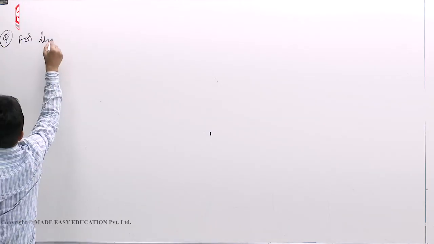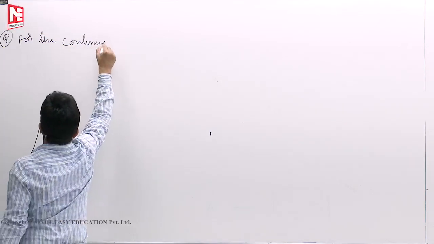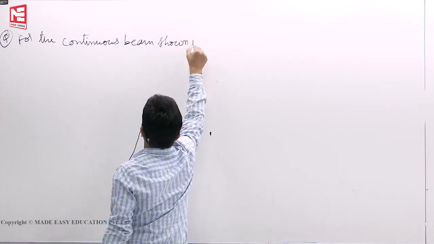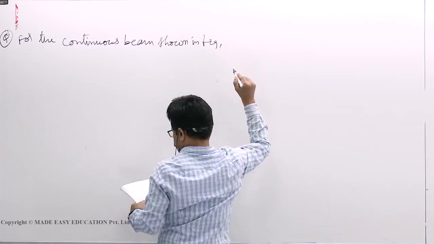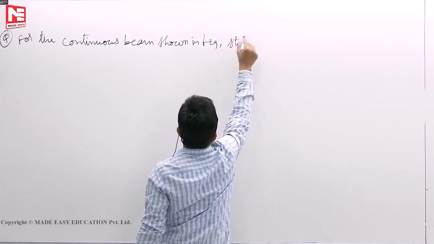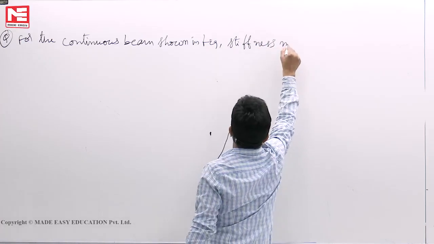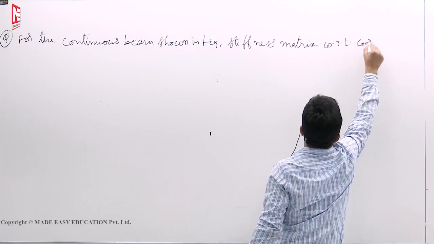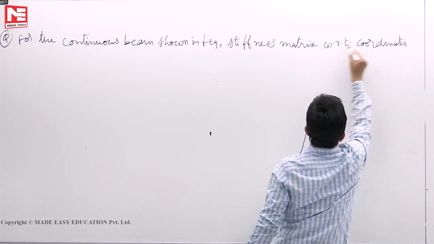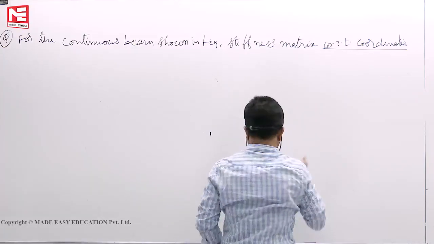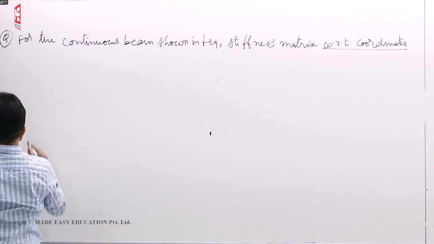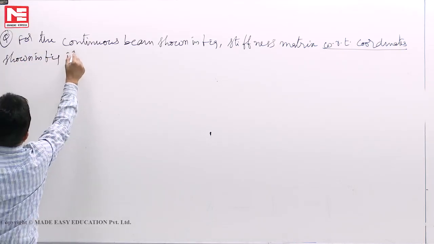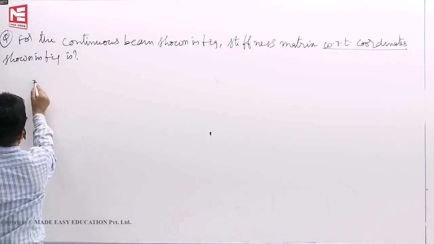For the continuous beam shown in figure, the stiffness matrix with respect to coordinates, whatever coordinates they give us, with respect to the coordinates shown in figure, is. Now see, this is our problem.